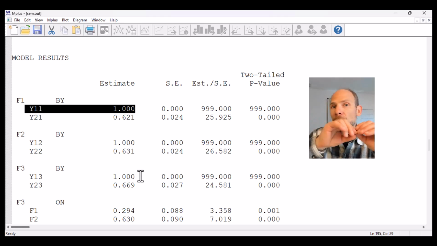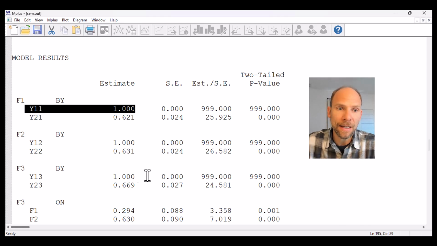So as we move up on the latent dimension of, in this case, for example, income by 1 unit, maybe $1, then we expect that the observed income also goes up on average by $1. And so we're setting the metric of the factor equal, in a way, to the metric of the first indicator.